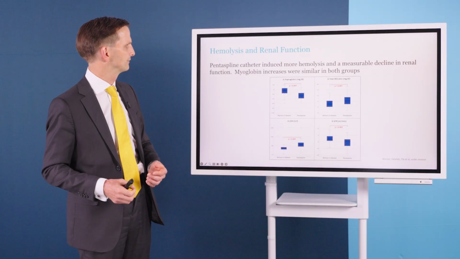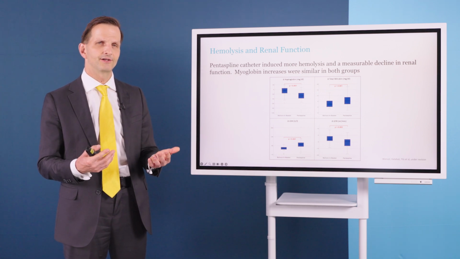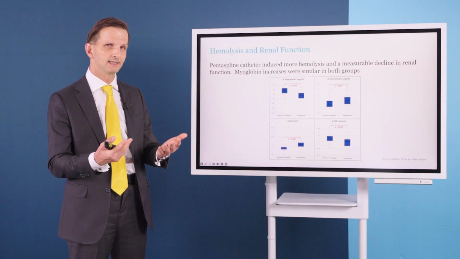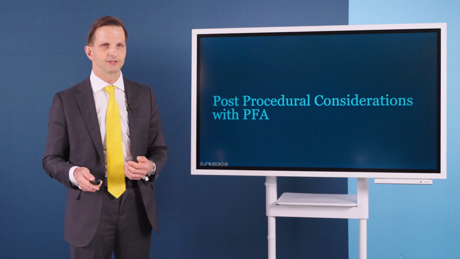What we also found is that the use of a pentaspline catheter resulted in significantly more hemolysis and a measurable decline in the GFR, which could not be noted in patients undergoing balloon-based PFA procedures.